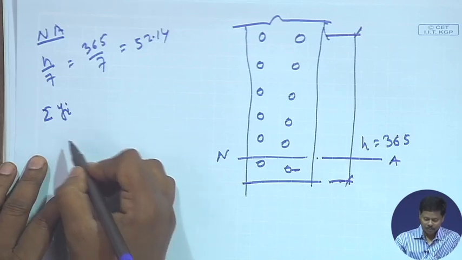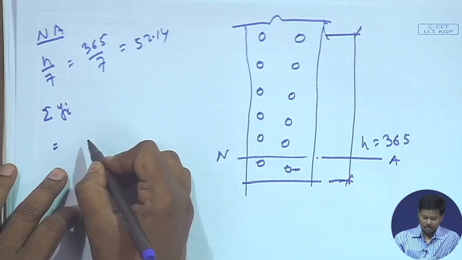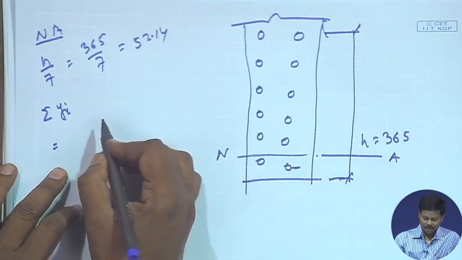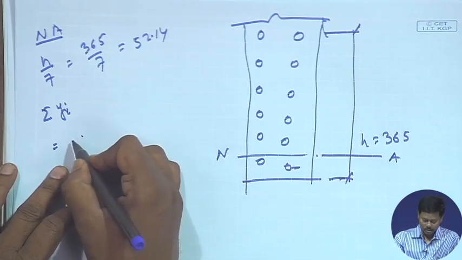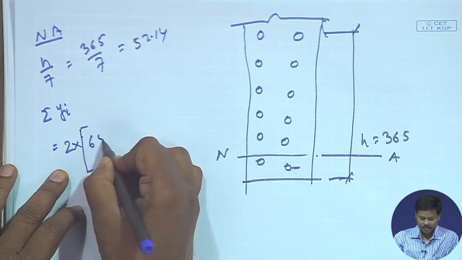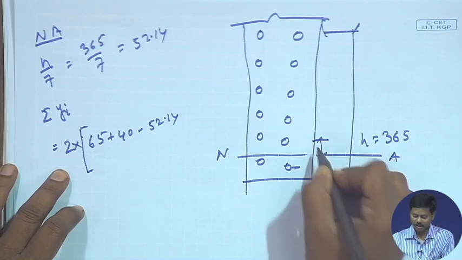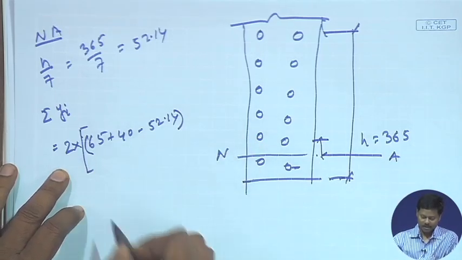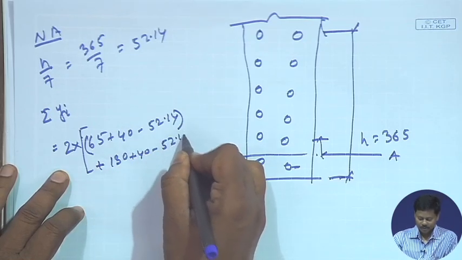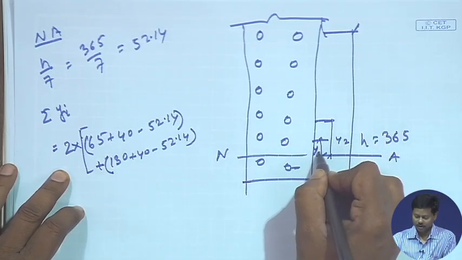So summation of yi I can find out as 1 by 1. If I consider, this will be actually 65, yi will be 2 into, for 2 bolt lines. So we can calculate 65 plus 40 minus 52.14, this is y1, right. Second one is 130 plus 40 minus 52.14, this is y2.